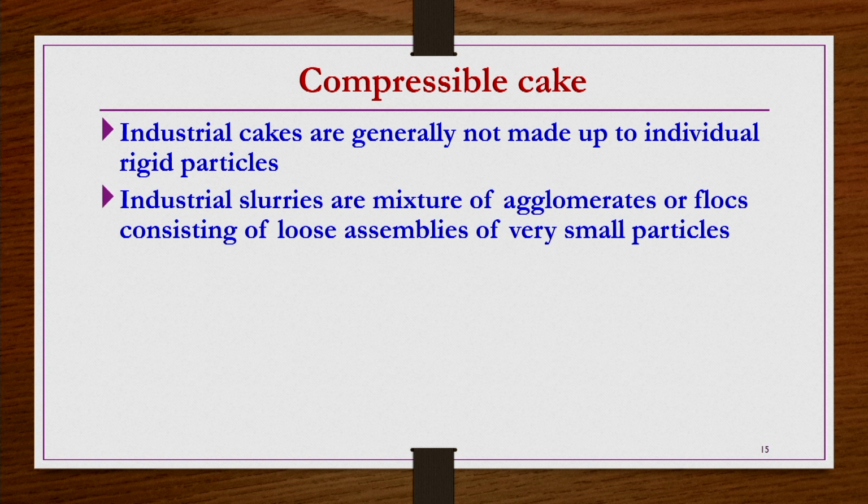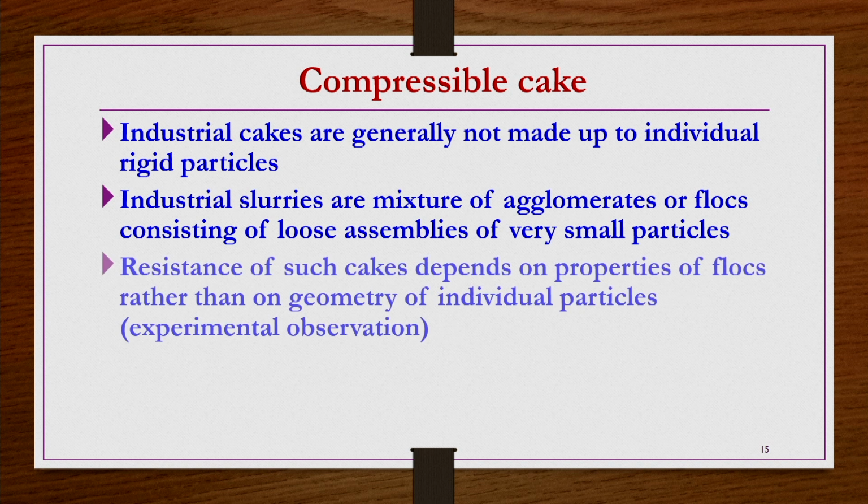Further, industrial slurries are mixtures of agglomerates or flocs consisting of loose assemblies of very small particles, and the resistance of such cakes depends on properties of flocs rather than geometry of individual particles, as has been observed by many experimental results.